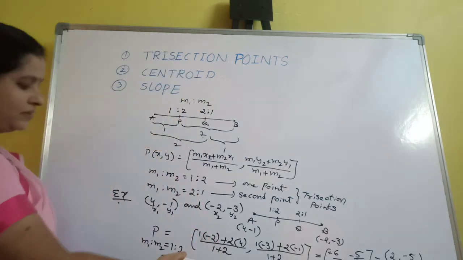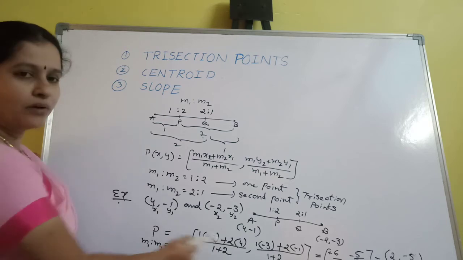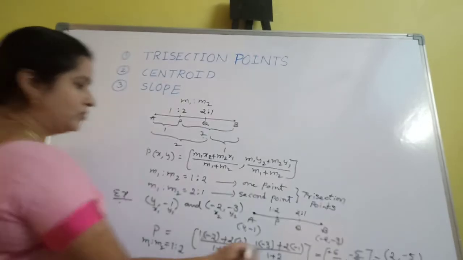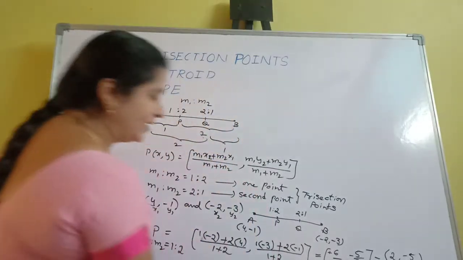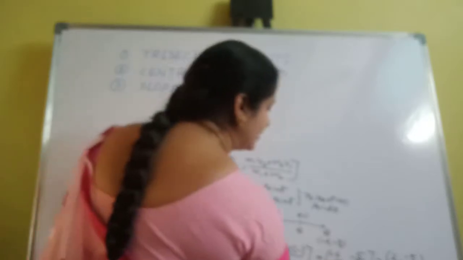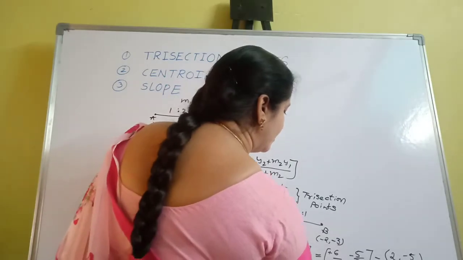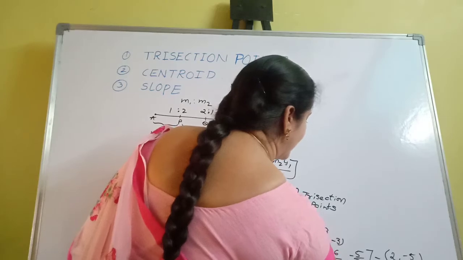So simplify this. 2 into -2 is -4, and -4 plus 4 is 0. So 0 by 3. Again the second value: -6 minus 1 is -7, so -7 by 3. So 0 by 3 means 0, and -7 by 3.